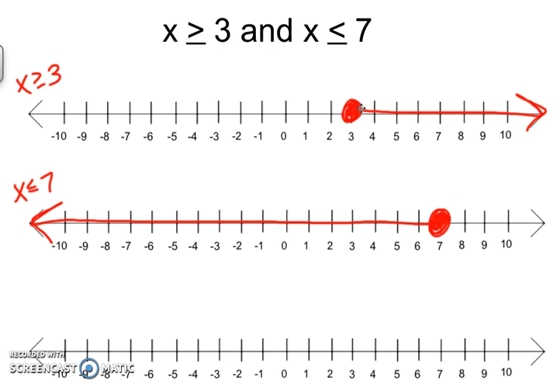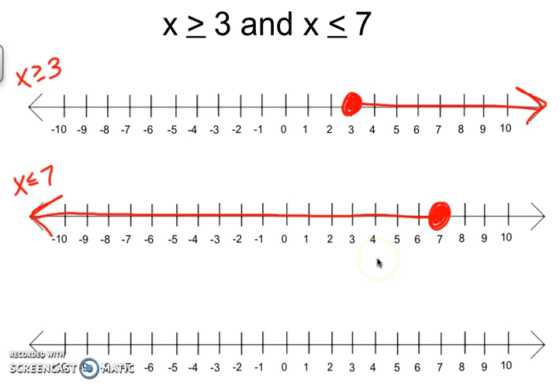So when is a number greater than 3 and less than 7? That's going to be this overlap right here. So you just graph that all together on one line. I'm going to start at 3, end at 7, and it's all these numbers in between.